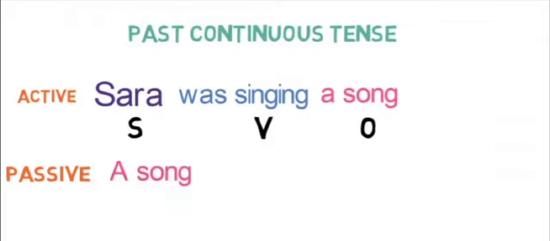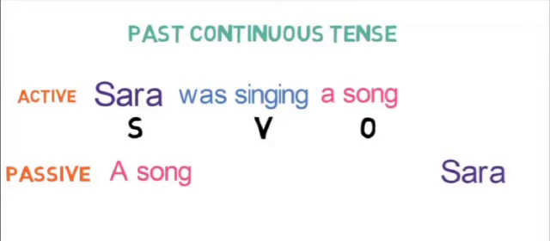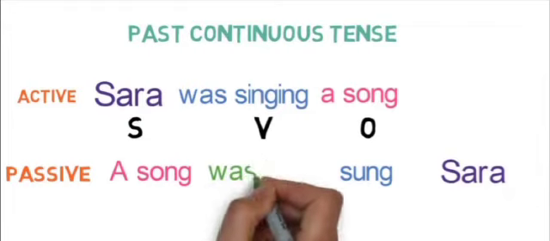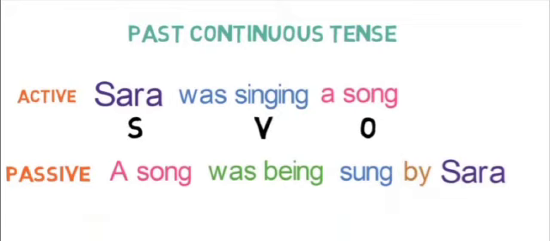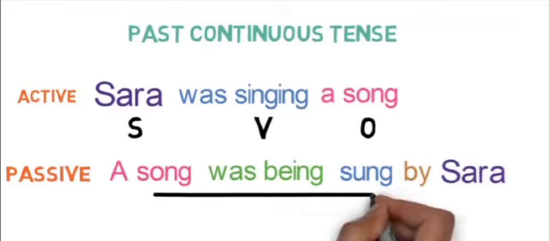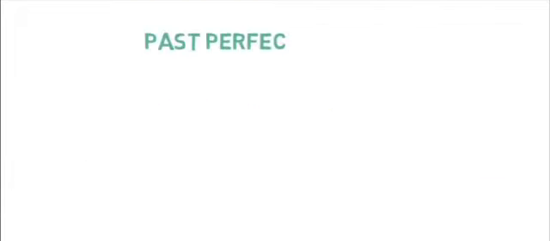A song, and in object's place Sarah. Third form of the verb singing is sung. Was being, and then finally add the preposition by. So your sentence will be in passive form: a song was being sung by Sarah.